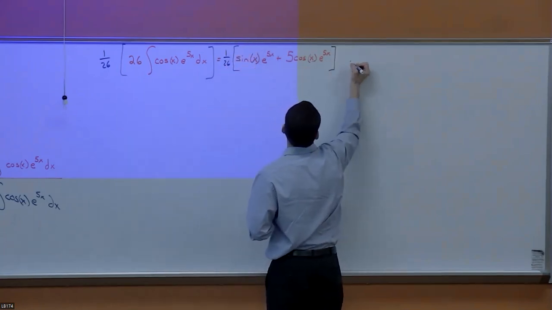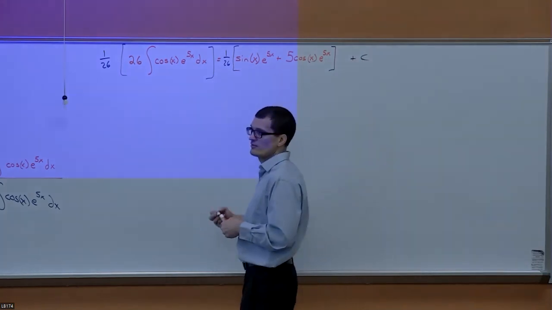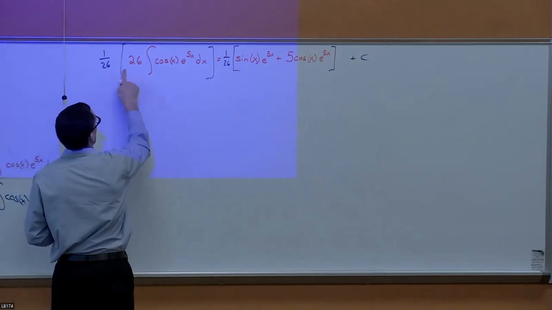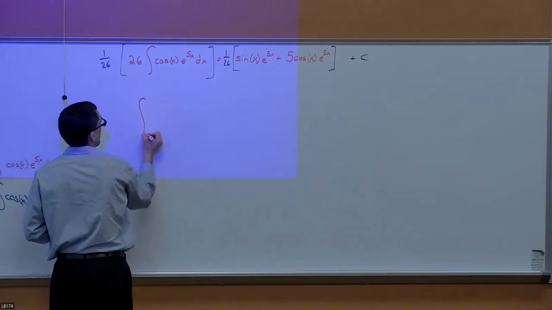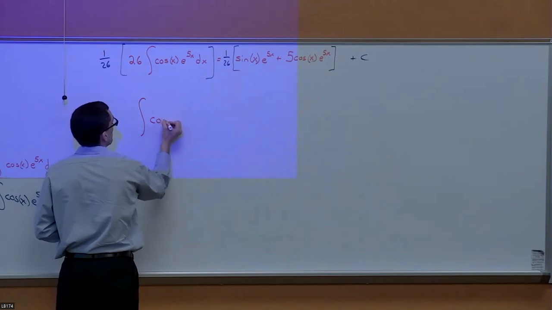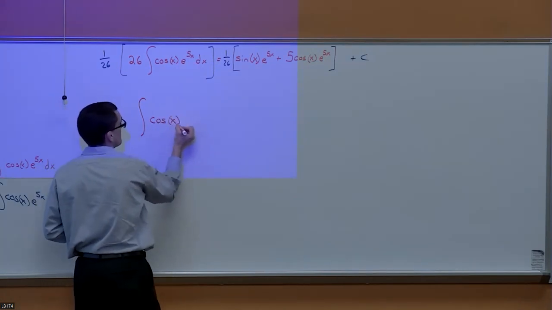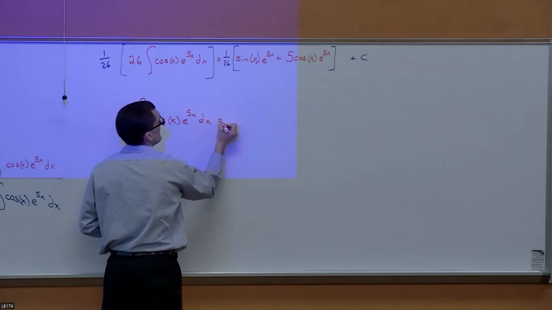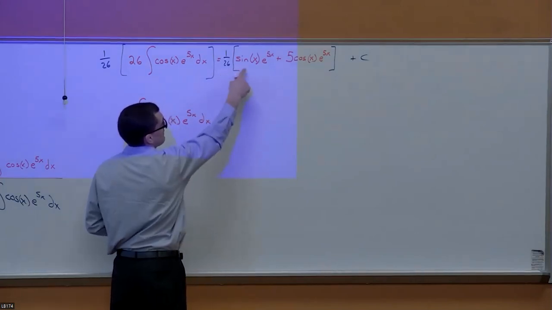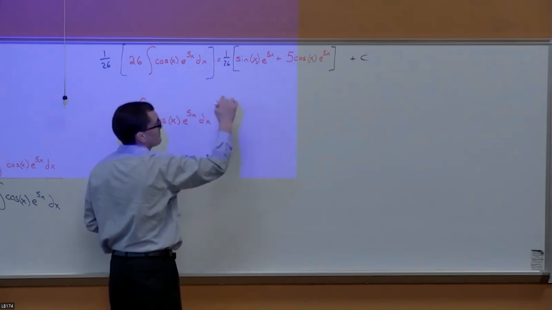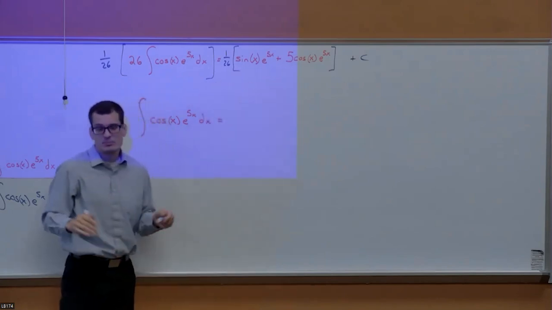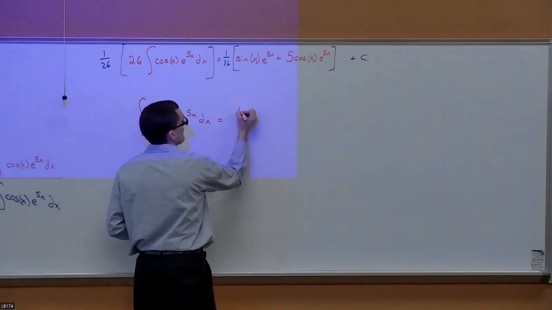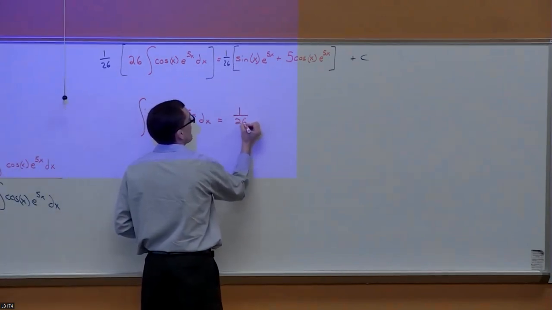And then we'll do a plus c at the end too, just to make sense of it. That cancels out my coefficient, and I end up with my final answer, which says cosine of x e to the 5x is equal to, and if you want to distribute, you can. If you want to leave the brackets, you can. I think I'm going to distribute.